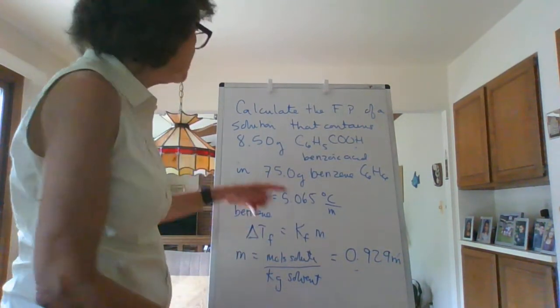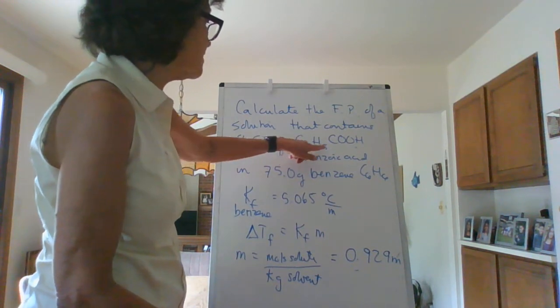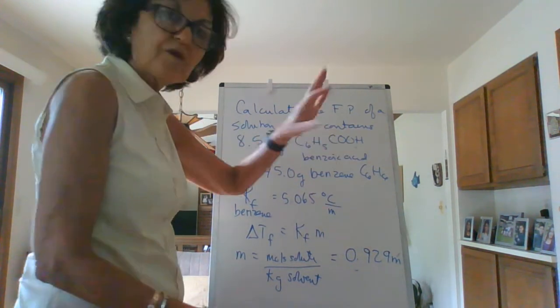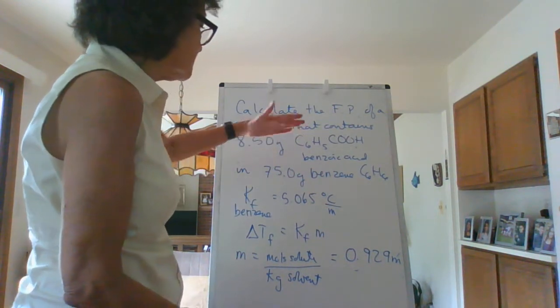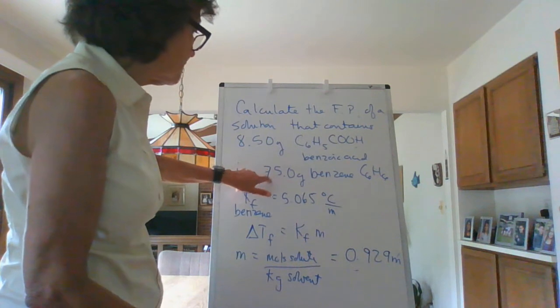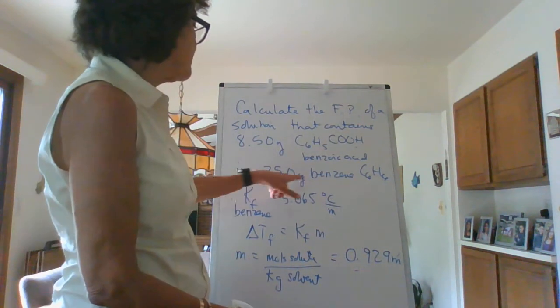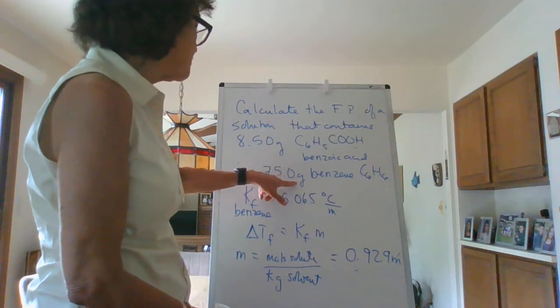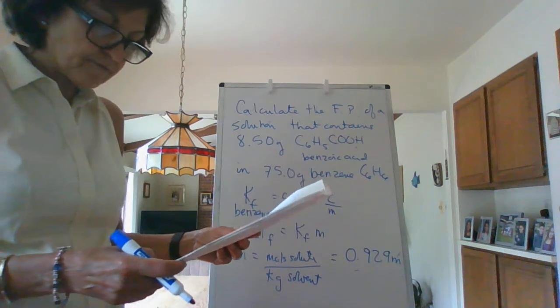What do you need to do? You need to get the molar mass of benzoic acid, C6H5COOH, add up the carbons, oxygen, hydrogen, and convert your grams to moles, and then divide it by 0.075. Why 0.075? Because this is your solvent, and this is in grams, and you want to make sure you convert it to kilograms.